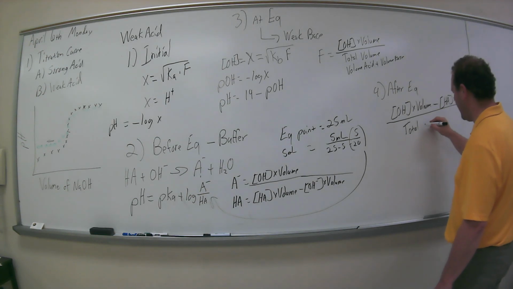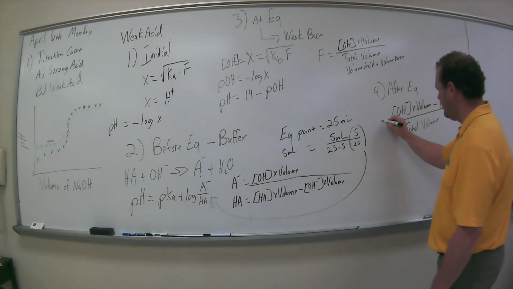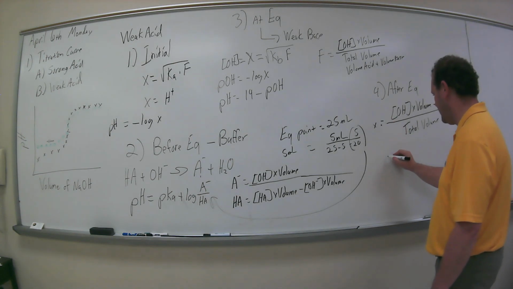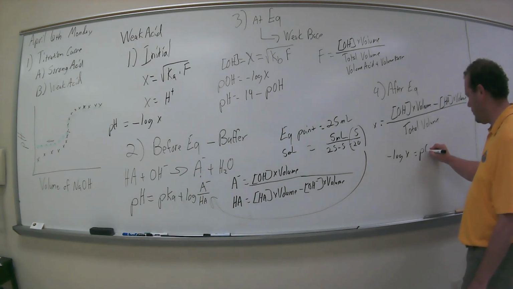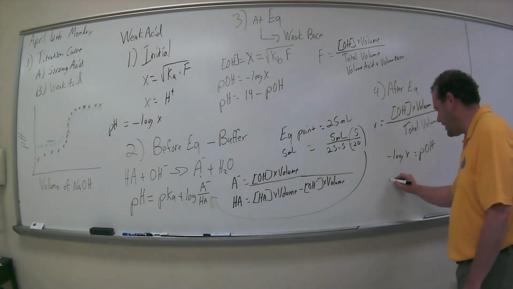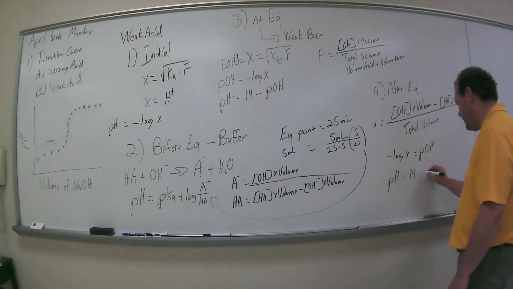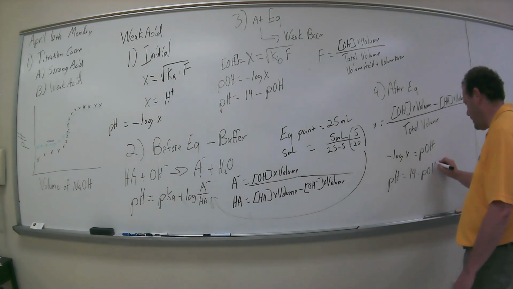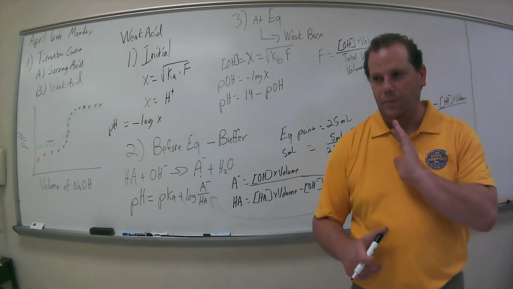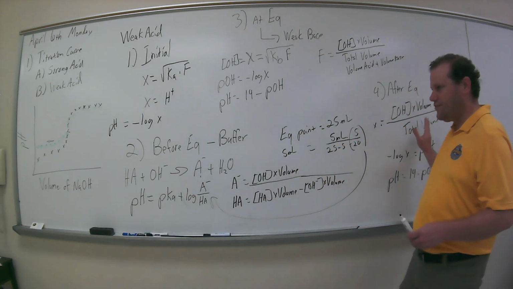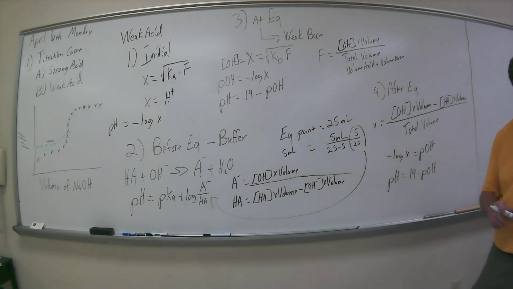We've added some more, so find that. This X, we take the negative log of that, that's going to equal our pOH. And then, like I said, base problems always have this extra step, so you say 14 minus the pOH. That allows you to calculate your pH after the endpoint, after you've added excess sodium hydroxide.